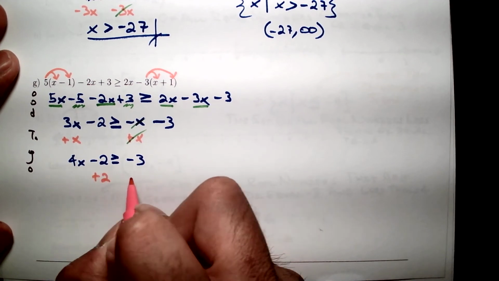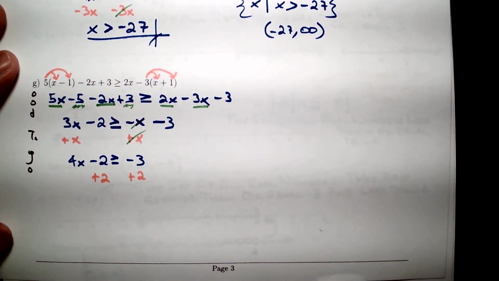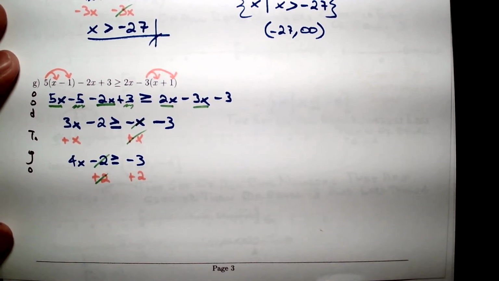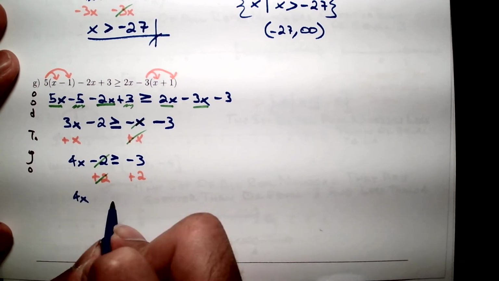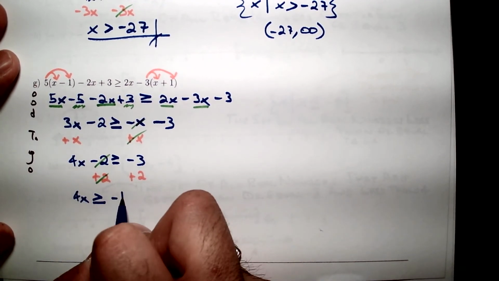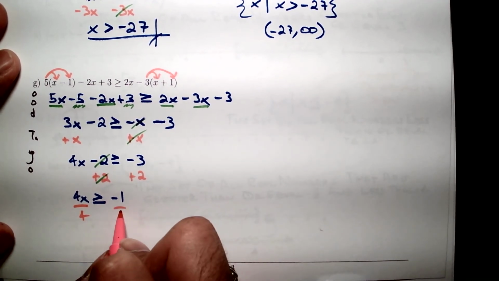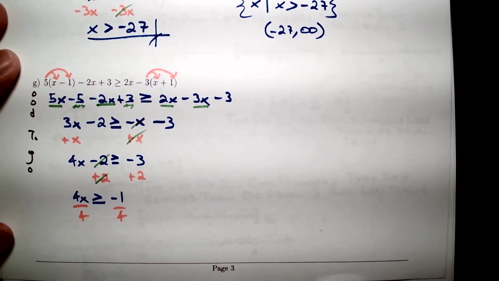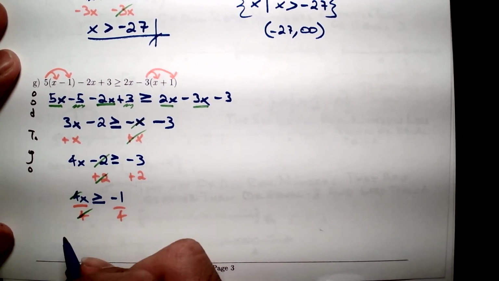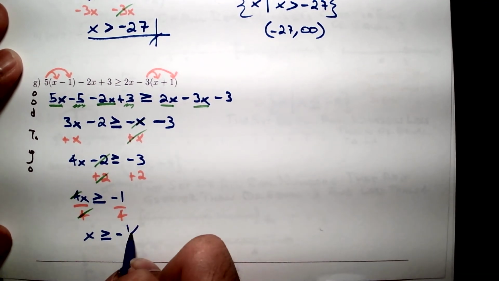So let's add 2 to both sides of the inequality. And negative 3 plus 2 equals negative 1. Finally, divide both sides by 4 to get these 4's canceled, and x is greater than or equal to negative 1/4.